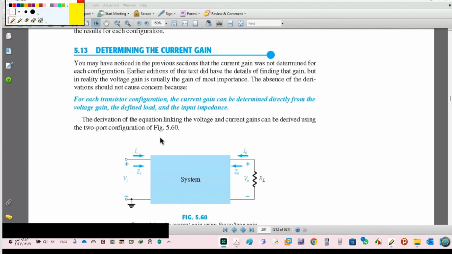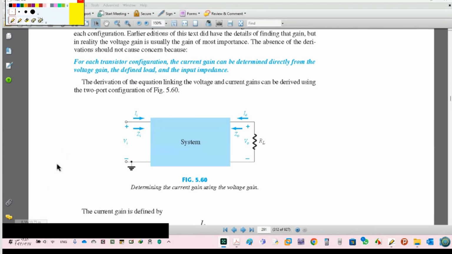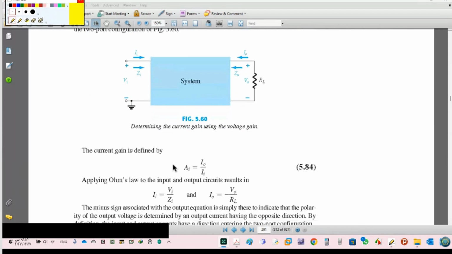But if I want to calculate AI, we have the system with, for example, I in, Z I in, I out, Z O, and we have VO, VI. So how can we find this?